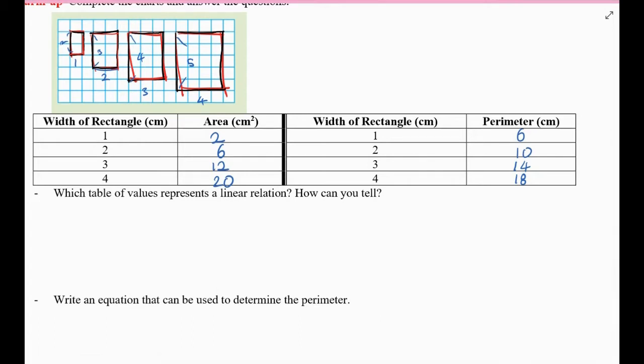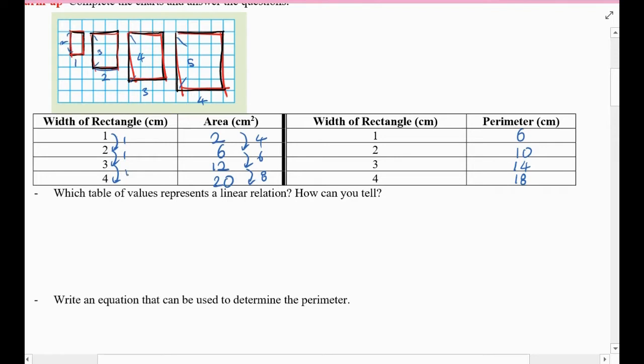So we actually learned the linear relation last year. To become a linear relation, what we have to look at is change in the first variable. So this is increased by 1. And change in the second variable. This is increased by 4, 6, 8.